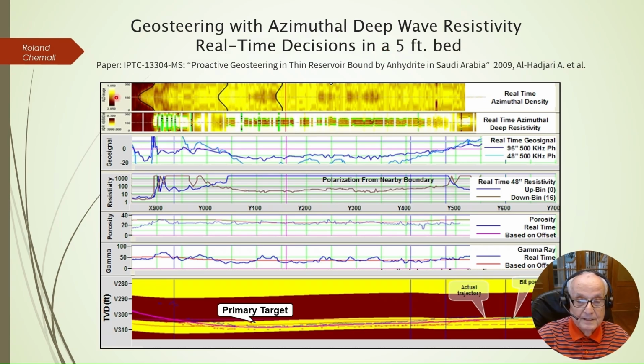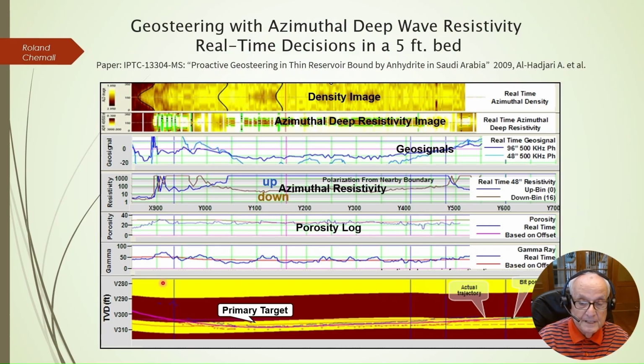So here you have a density image. You have geosignals here from different spacings. And this is what we conceived as being the path of the well and the up and down boundaries. So the density image, the azimuthal resistivity image, the geosignals from different spacings, the porosity logs, the gamma logs.